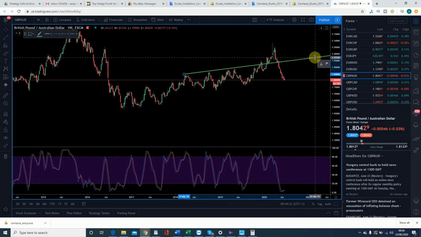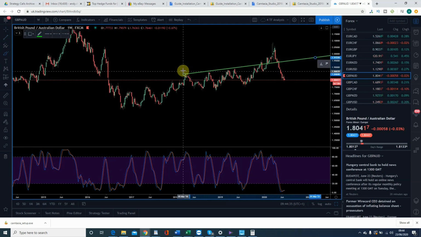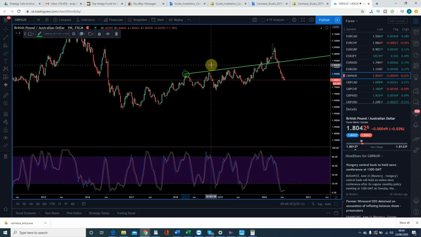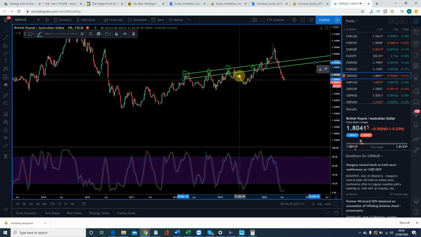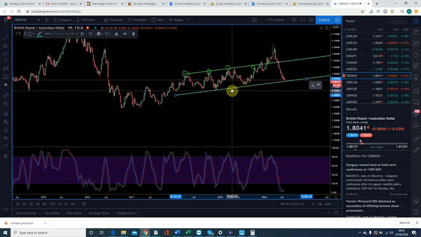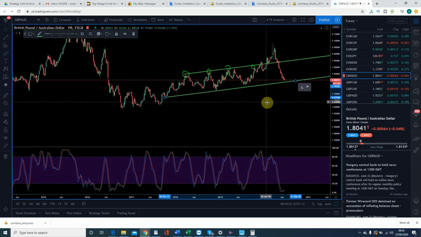So you can see this zone here was quite a reactive zone, and then what I'm going to do next is I'm going to take this line and draw this down parallel, and we'll see if it's also acting as basically support.